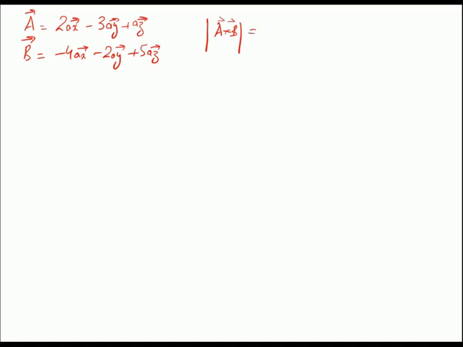In order to find the cross product, we first prepare a matrix with unit vectors ax, ay and az, and then we add the scalar components of a and b into this.